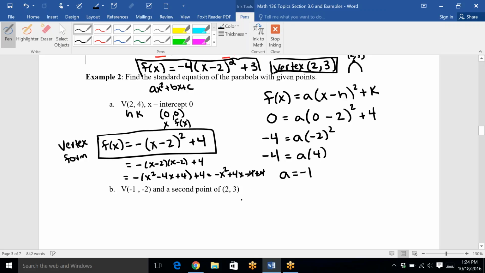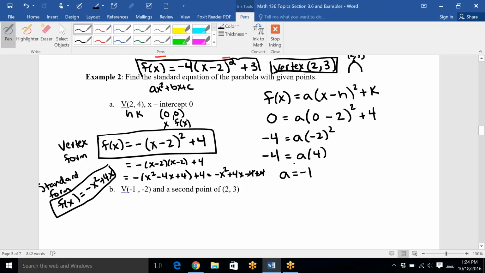The -4 and plus 4 cancel. So for standard form, I'm getting just negative x squared plus 4x. So f of x equals negative x squared plus 4x. So that is both formats, just using a vertex and an ordered pair.